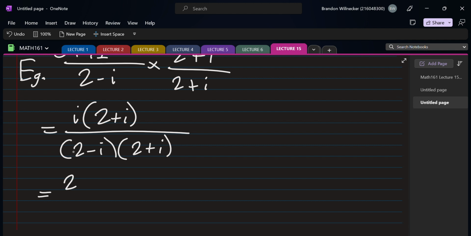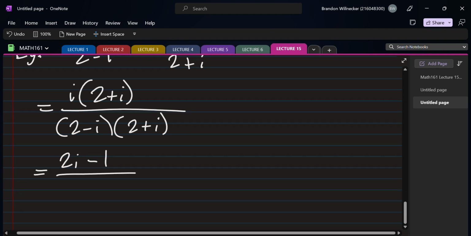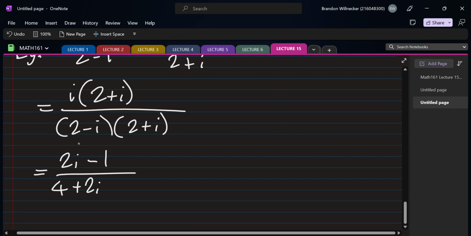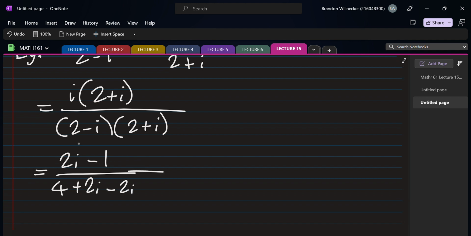Okay, multiplying the top, the i times the 2, that will be 2i. i times i, that's minus 1. Right, because i squared is minus 1. In the bottom, 2 times 2, that will be 4, plus 2i, minus 2i, and then i times i is minus 1, so we have minus 1, so plus 1.